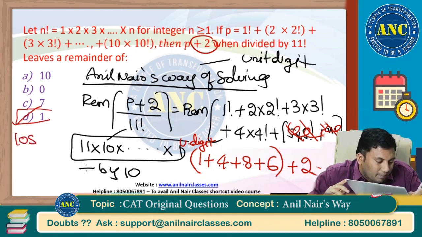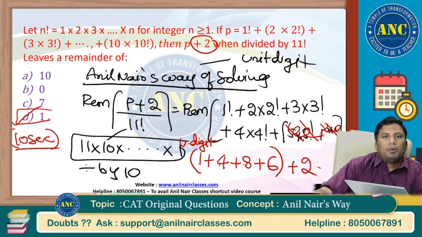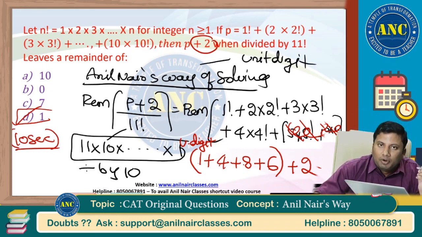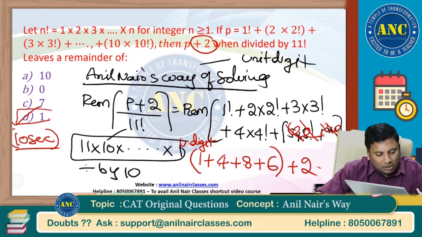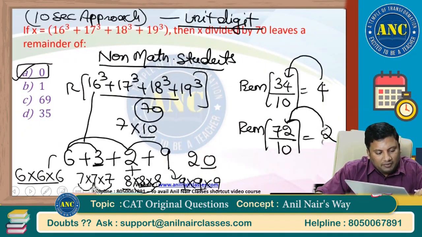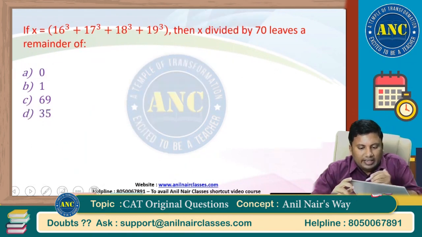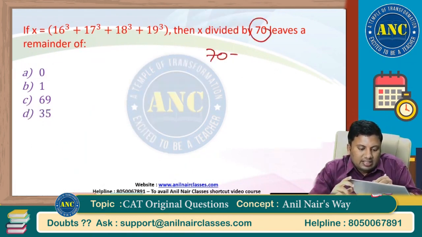A 10-second approach, if you know how to solve problems through my way of looking at the question. Find P plus 2 divided by 11 factorial. There is no difference between this question and the previous question. In that question it is 70, which is 7 into 10.